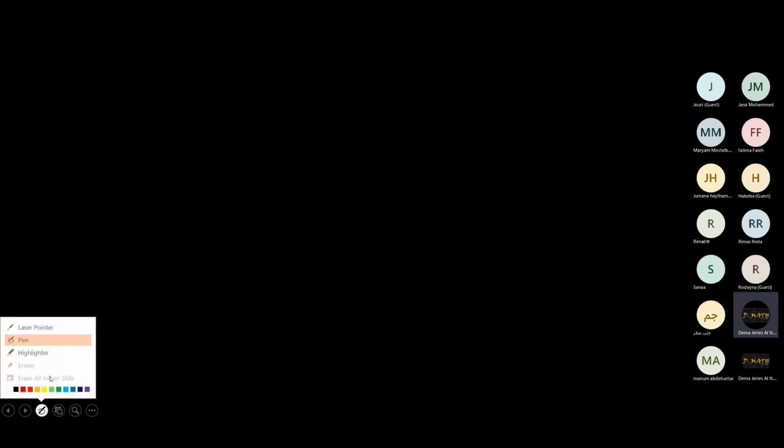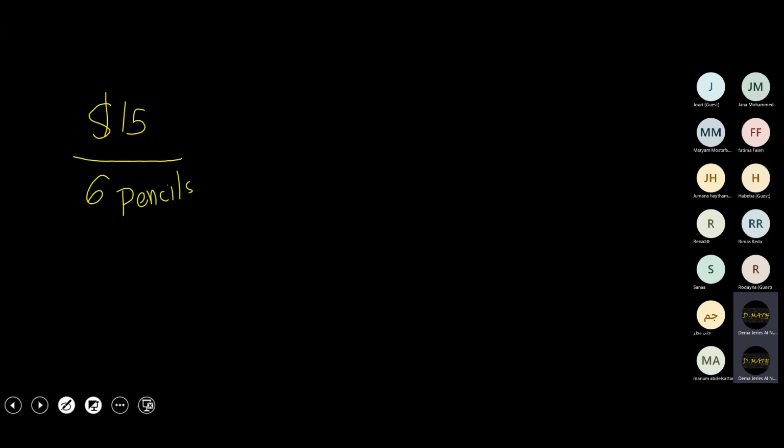Now, if you have $15 per 6 pencils, and I asked you to find the answer per 1 pencil, or in other words, find the unit rate. Divide by 6. Every time, divide by the denominator. Divide by 6, divide by 6. 6 by 6 is 1.